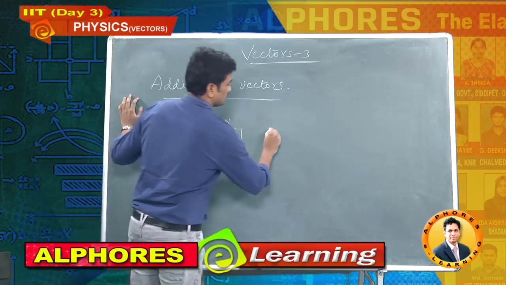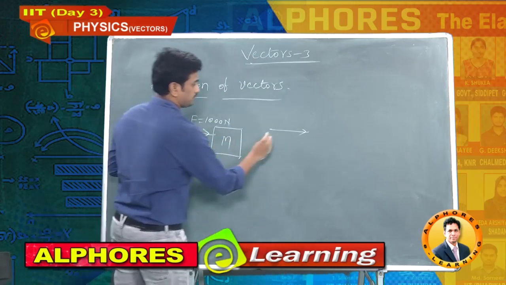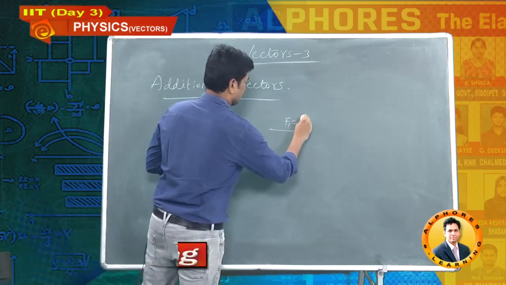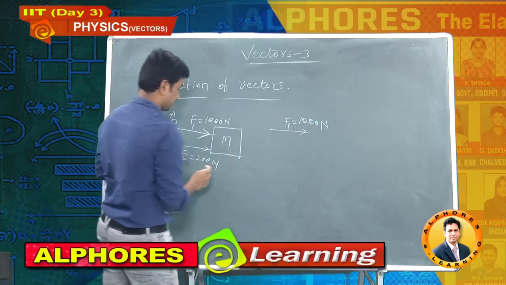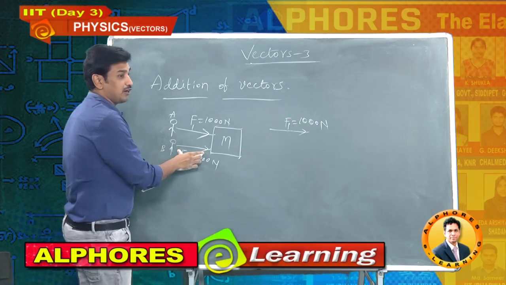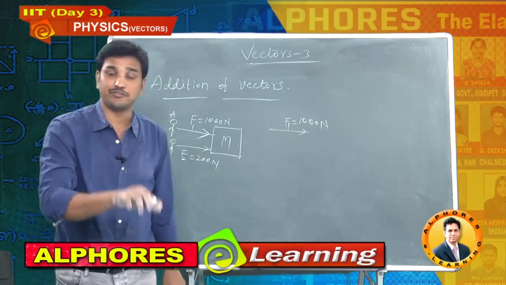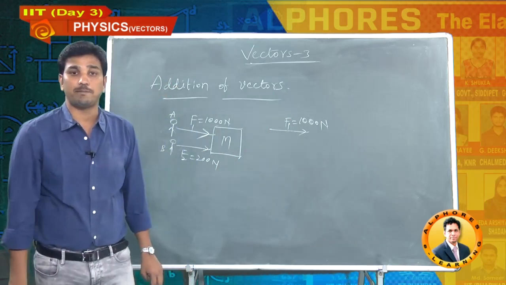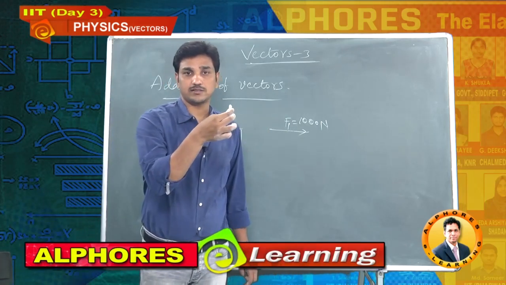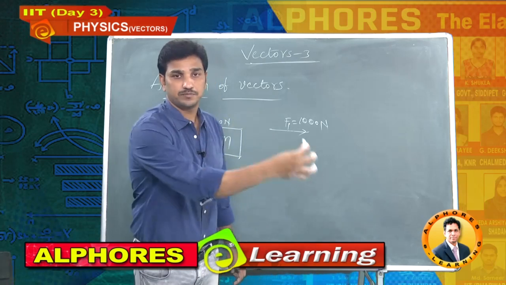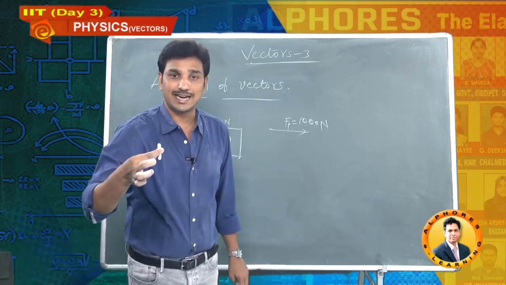Now, F1, 1000. Now, shifting of a vector, parallel shifting of a vector. What is the meaning of parallel shifting of a vector? Already I told you, chalk piece. The same chalk piece I can place anywhere without changing its direction.